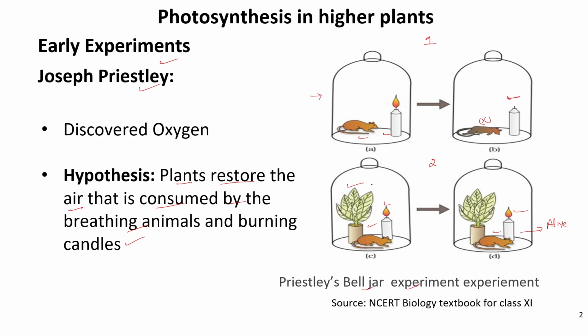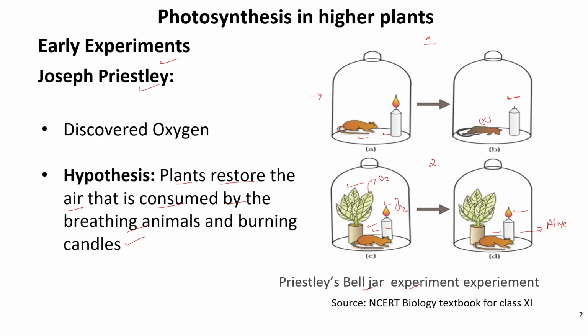Alright, so you know that what does plant release? They release oxygen in the process of photosynthesis, and this oxygen can be used by the mouse and the burning candle. Okay, and then mouse and the burning candle, what they produce? They produce carbon dioxide. During respiration, mouse will produce carbon dioxide, as well as the burning candle will also produce carbon dioxide.